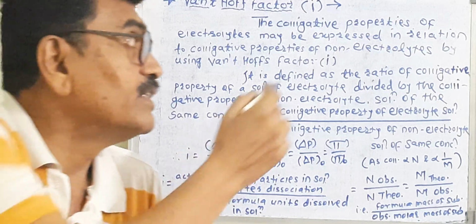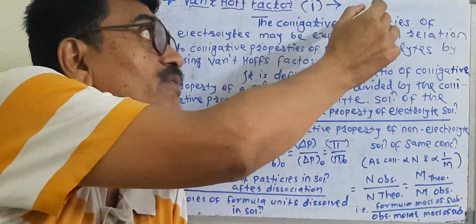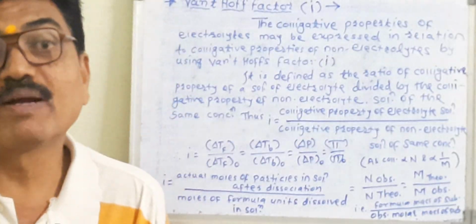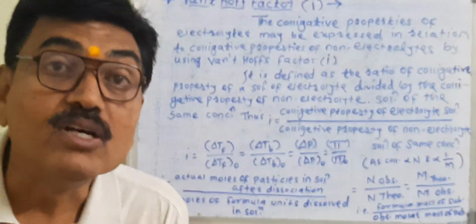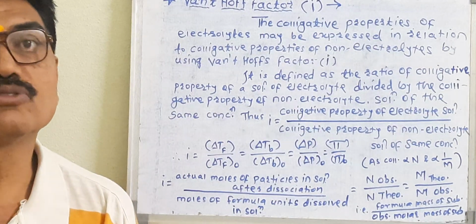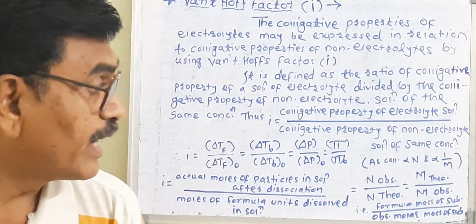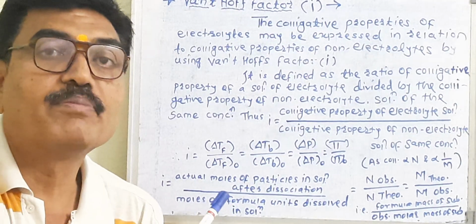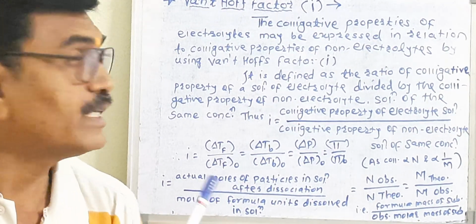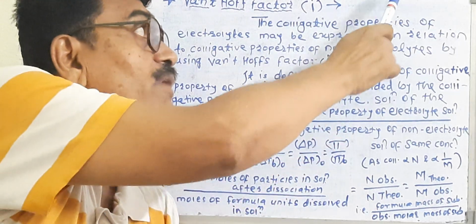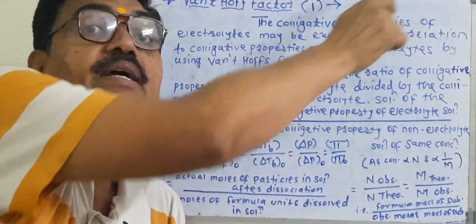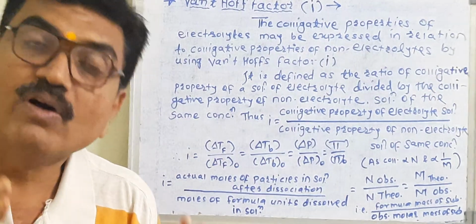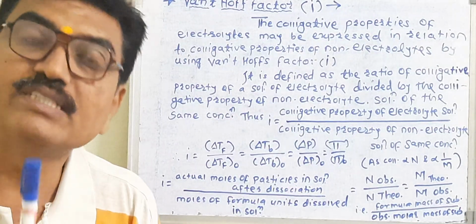For urea, this value is equal to 1 by 1, that's why i is equal to 1. So both values are the same, after dissociation and before dissociation. That's why for urea we can write 1 mole upon 1 mole, and Vant Hoff's factor is 1. So one should remember, for the solutions of non-electrolytes, the Vant Hoff's value is equal to 1.